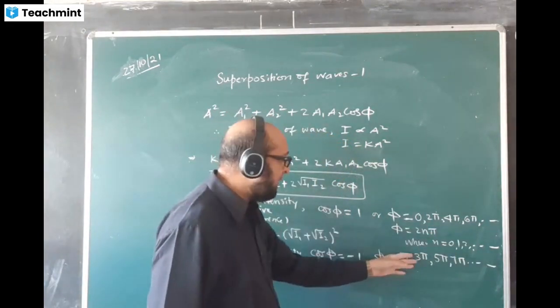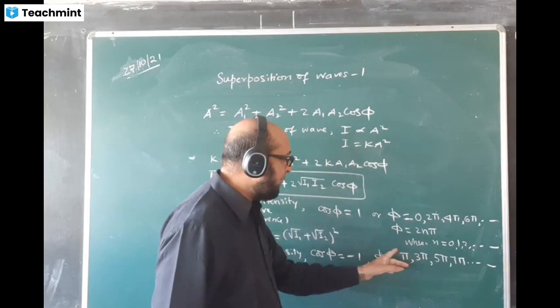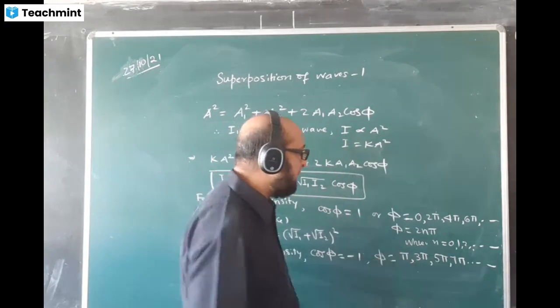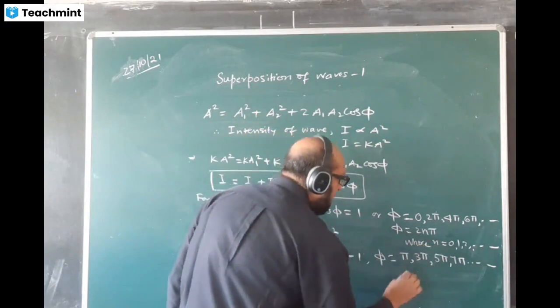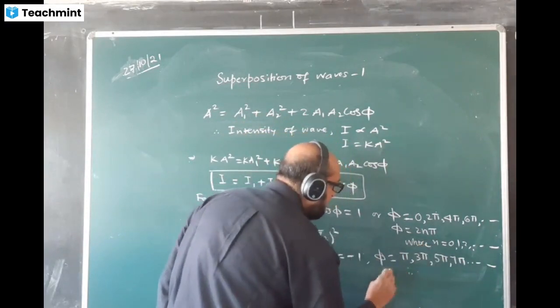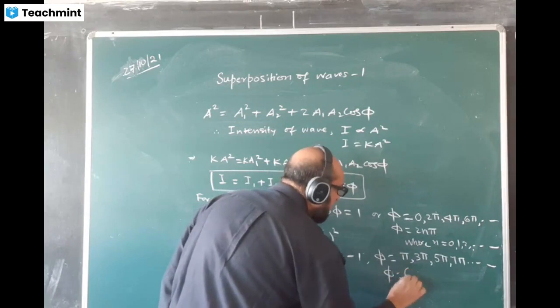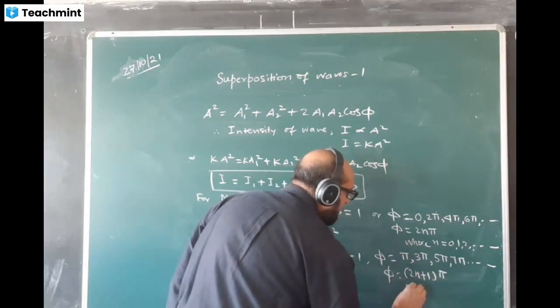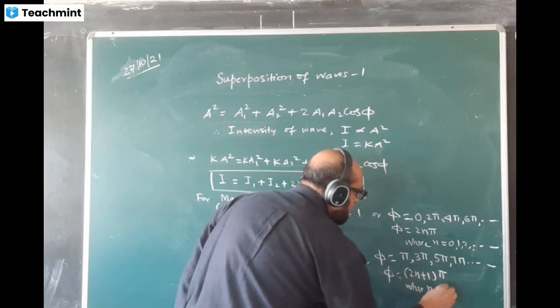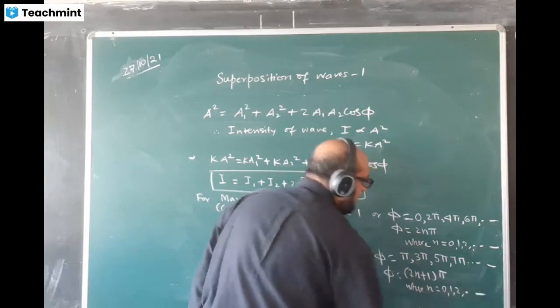Here pi, 3 pi, 5 pi, 7 pi, etc. That is an odd multiple. In terms of n we write that as (2n plus 1) pi, where n equals 0, 1, 2, and so on.